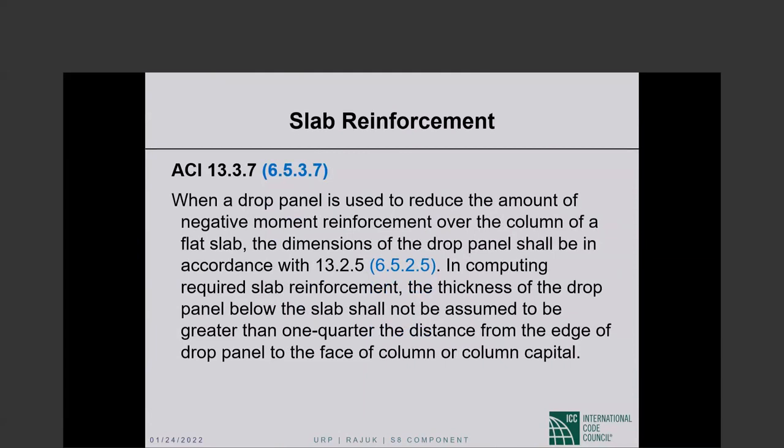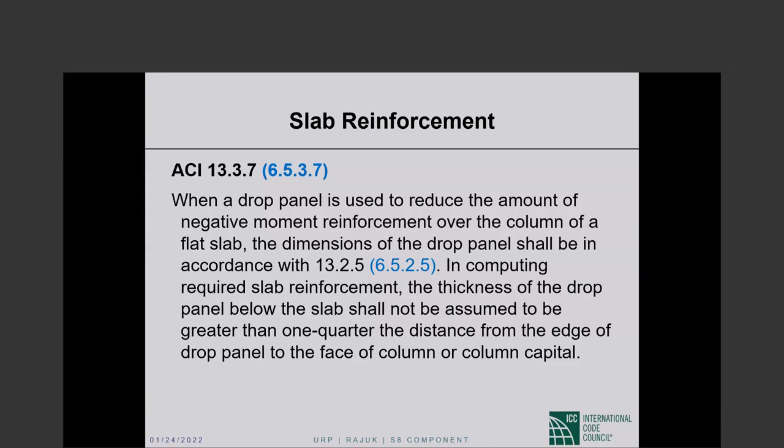When a drop panel is used to reduce the amount of negative moment reinforcement over the column of a slab, the dimensions of the drop panel shall be as we went over. In computing required slab reinforcement, the thickness of the drop panel below the slab shall not be assumed to be greater than something. So you saw that the minimum thickness of the drop is 1/4 of the slab thickness.